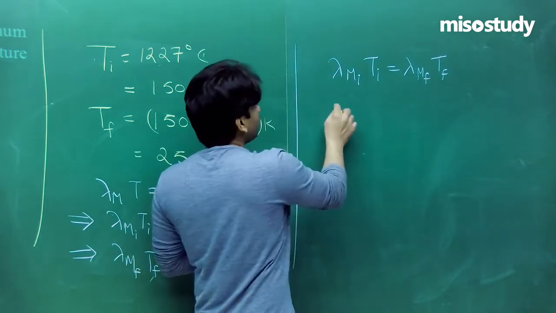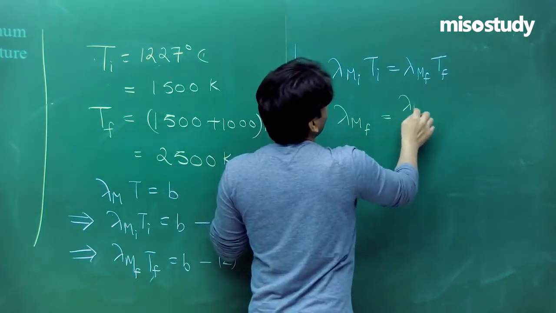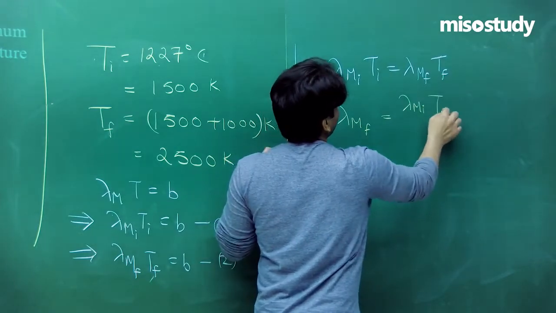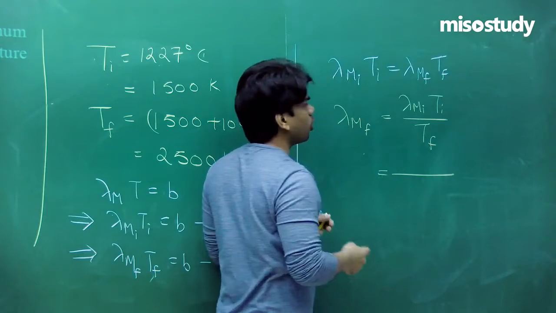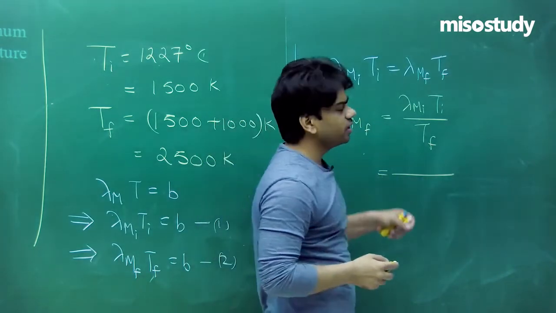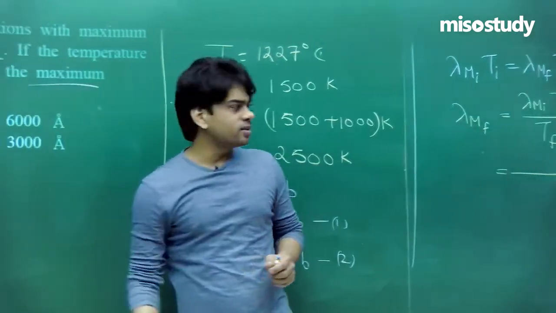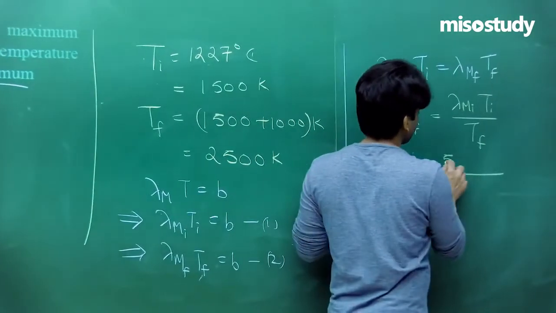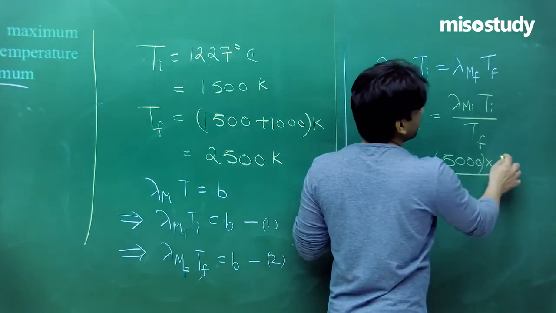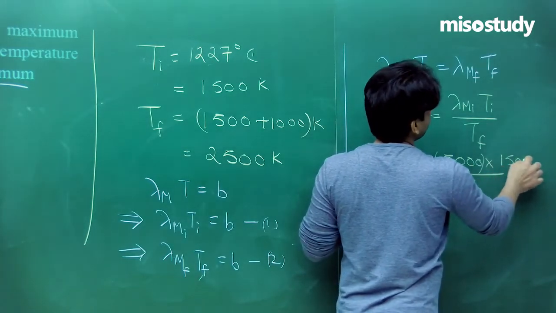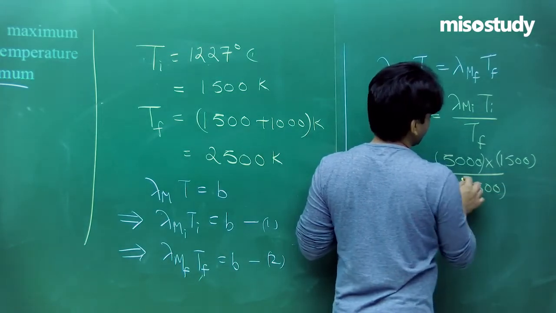So the final value of maximum intensity will be observed at lambda_m into Ti divided by T final. Just put in all the values. The value of lambda for the first case is 5000 angstrom, multiplied with the initial temperature 1500 and the final temperature 2500.